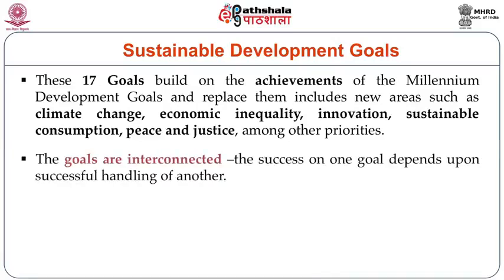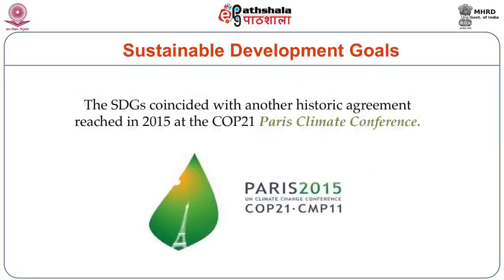The goals are interconnected. The success of one goal depends on the other. The Sustainable Development Goals coincided with another historic agreement reached in 2015 at the COP21 Paris Climate Conference.